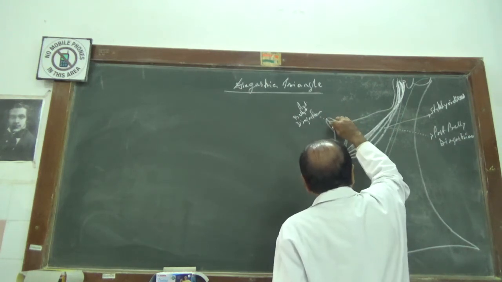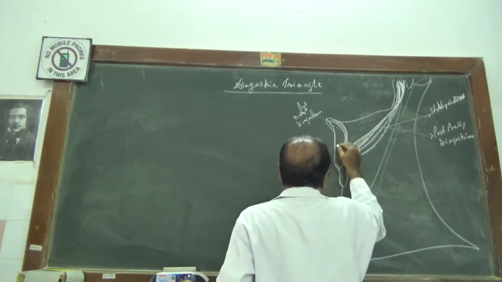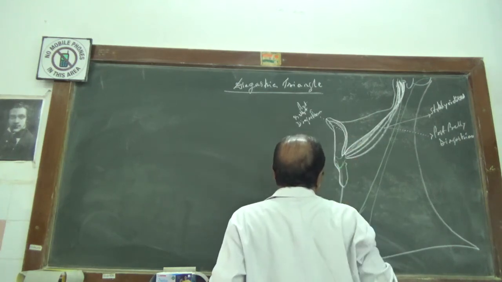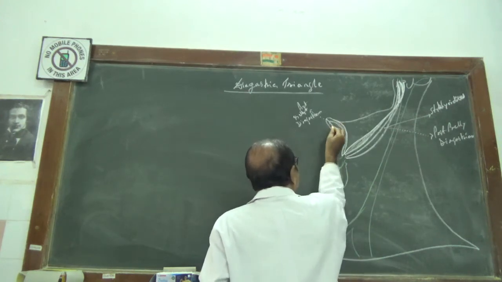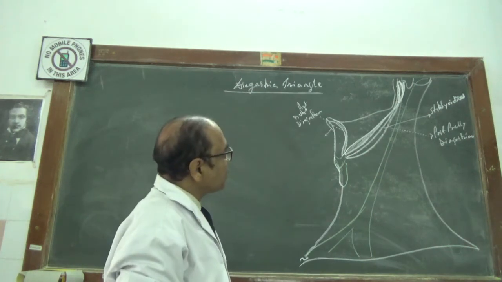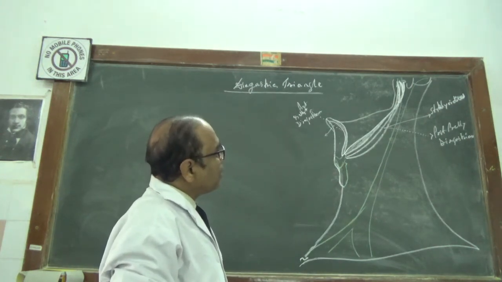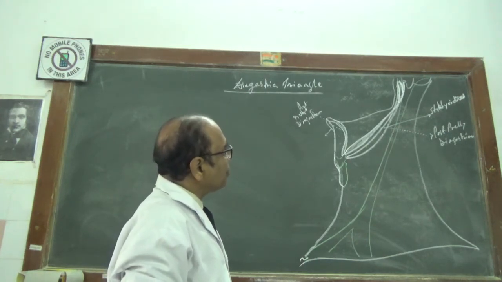What we have drawn is the anterolateral view of the lateral aspect of the neck in the anterior triangle. So this is another anterolateral view of the lateral aspect of the neck region of the other side.